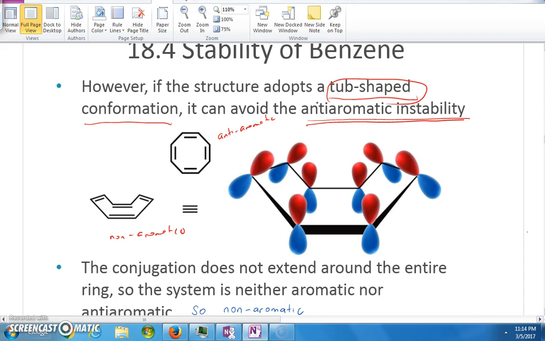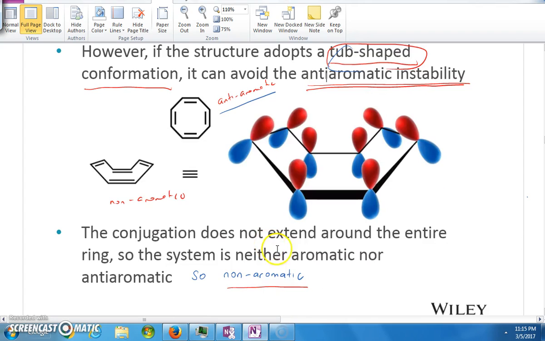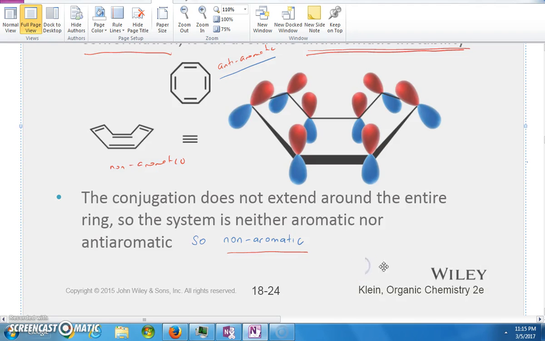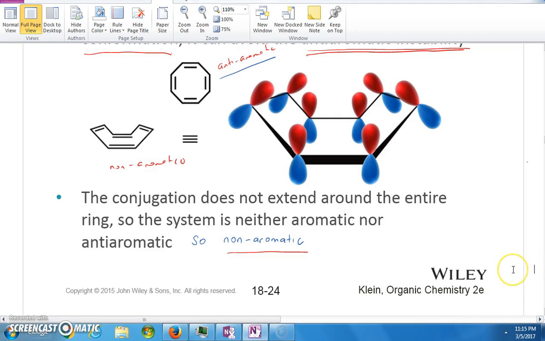Just like when we looked at cyclobutane, rather than being planar, it relieves some of its torsional strain by being puckered. So this molecule again, instead of being anti-aromatic, because it would be anti-aromatic if it were planar, becomes tub-like, and as a result becomes non-aromatic. So the conjugation does not extend around the entire ring. So the system is neither aromatic nor anti-aromatic.